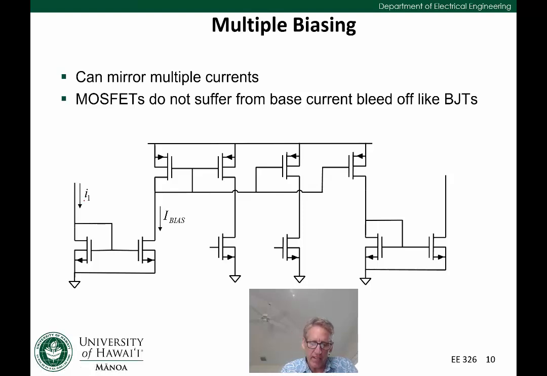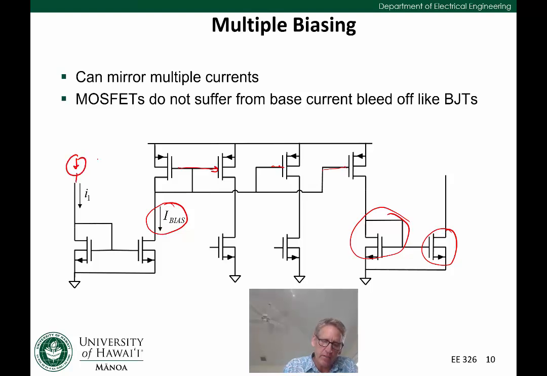In this example, I1 gets mirrored over here to Ibias. Ibias then gets mirrored through this PFET, and then the PFET can get mirrored back again through this diode-connected device to this NFET on the right, and so on and so on. In practice, this is really what's done. We start out with some current source, I, and then this gets mirrored over the entire chip. You only have to make one current source to mirror it for the entire chip.